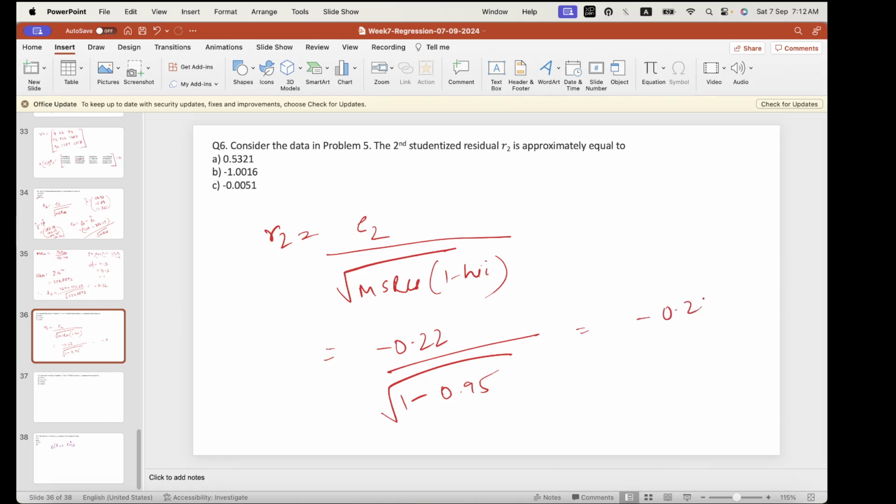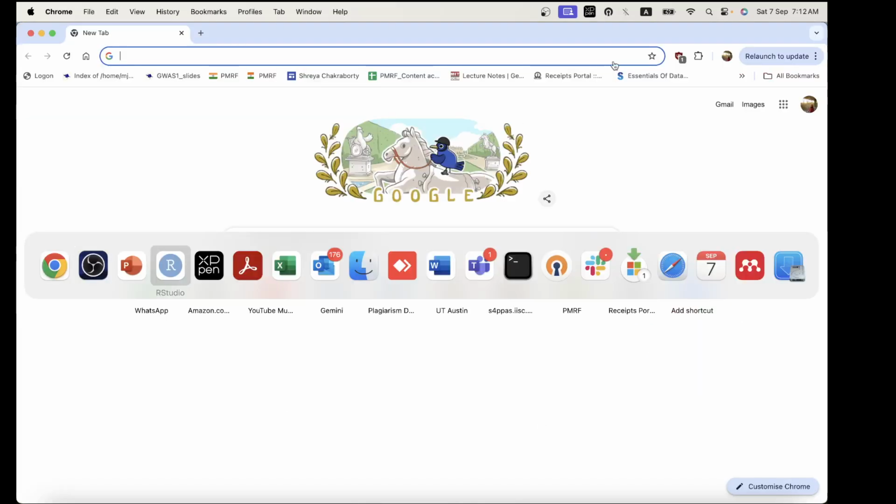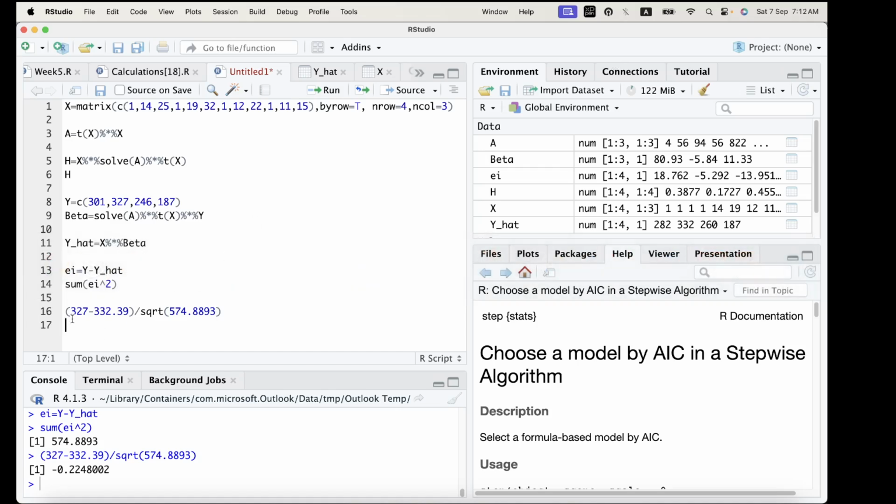So it will be 0 minus 0.22 by root over 0.05. So r2 is actually d2 by square root of 1 minus 0.95.